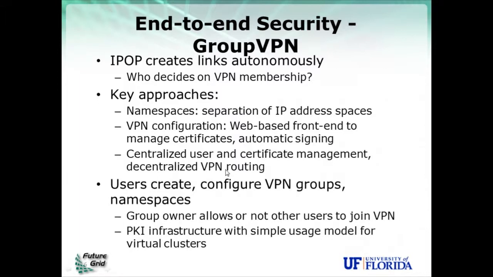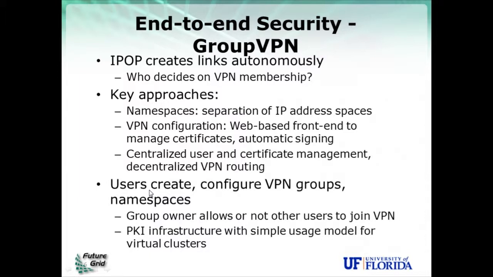So you have a decentralized routing fabric, but you have a centralized management of users and certificates through this web-based interface. And that's useful when you have, again, a single trusted authority that signs for, allows nodes to join a particular VPN on top of IPOP.